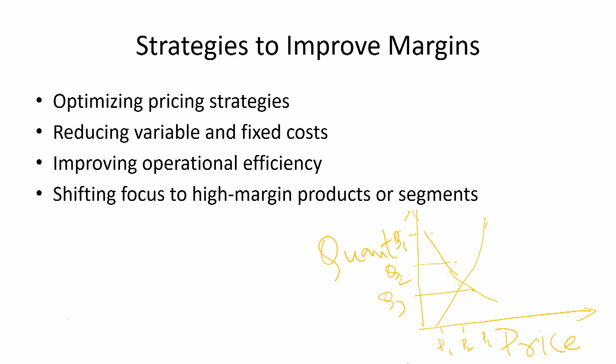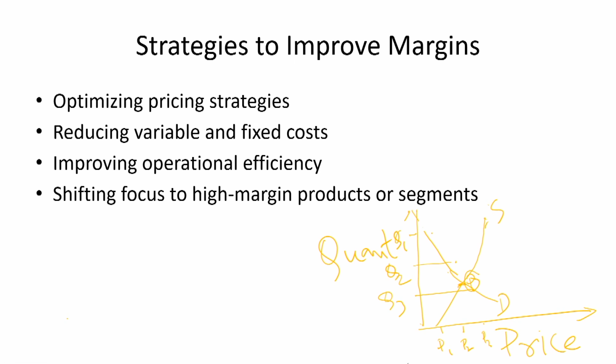There will be a point, let me call it P, at which the demand curve meets the supply curve, and that is the point of equilibrium, or the optimum price.